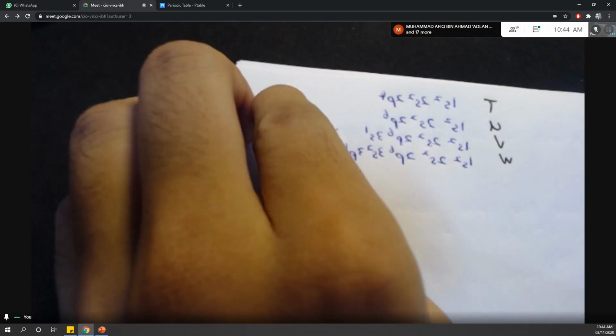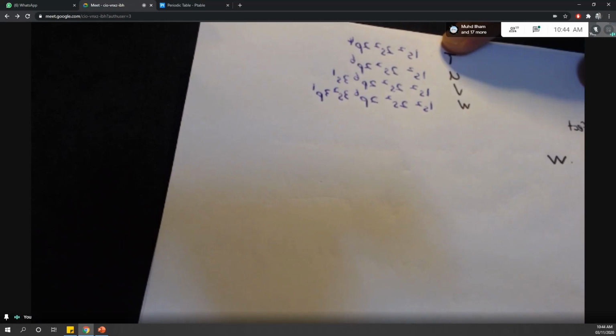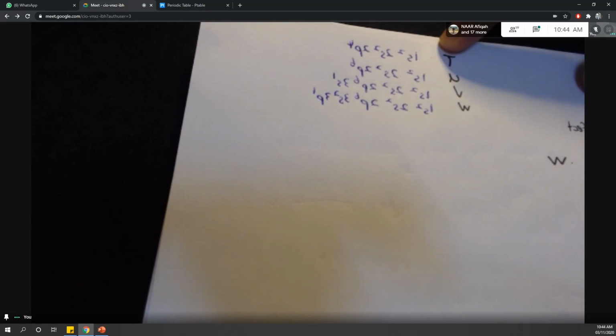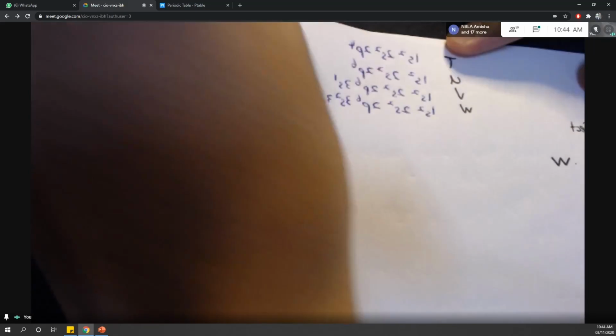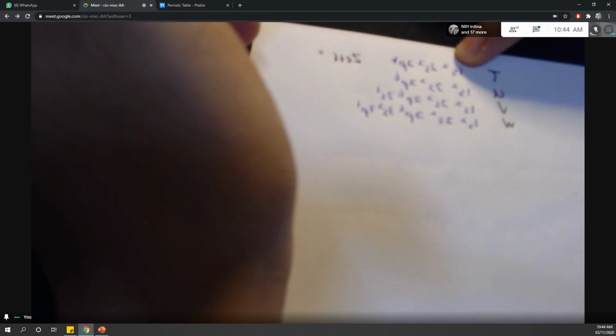Okay, let's do effective nuclear charge pula. Okay, so proton number sama dengan nucleon number kan? Proton number sama dengan electron number kan? So untuk Z effective untuk T is, okay, proton number, kita ambil proton number kan?